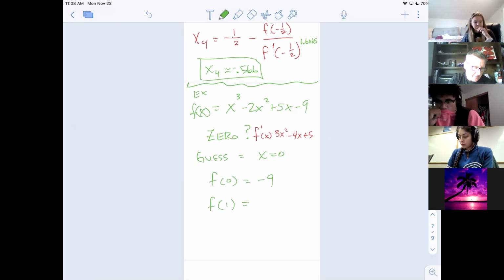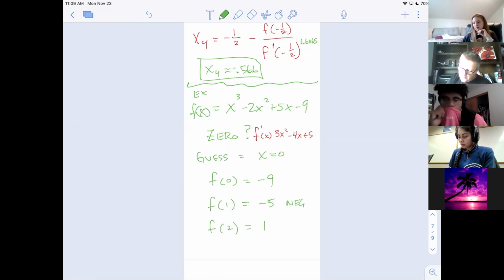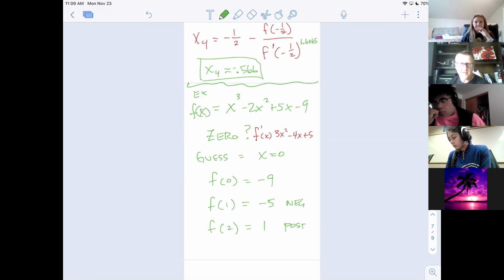If I stick in 1, I get negative 5. Notice how that's better. Hey, I'm closer to 0. I think I see a pattern. I think I must be going this way. Then I go to 2, and I get 1. Do you see how it transitioned from negative to positive? It must have crossed the x-axis between there. Do you see how you could actually make an intelligent guess?